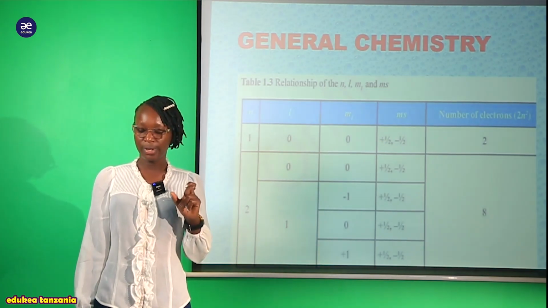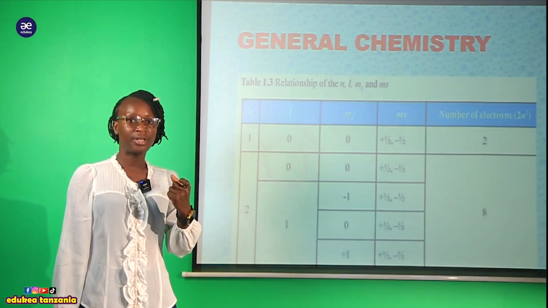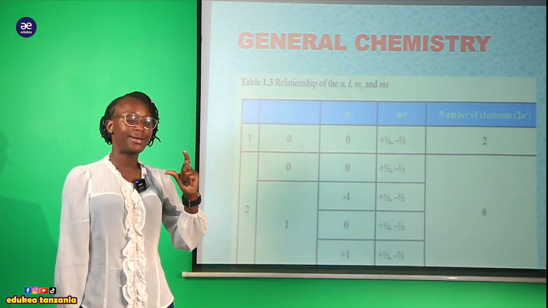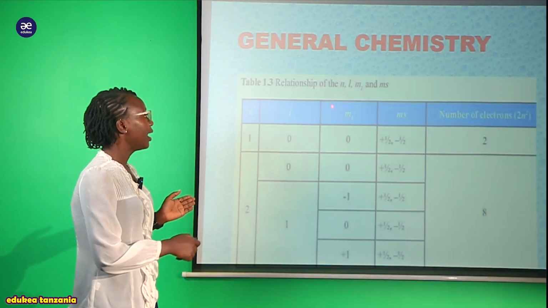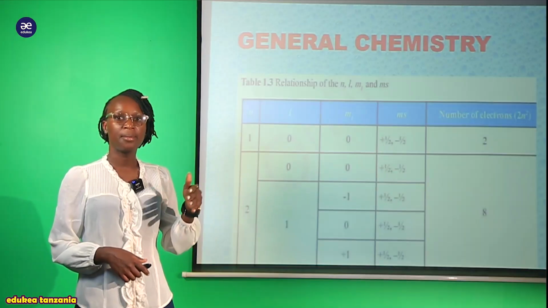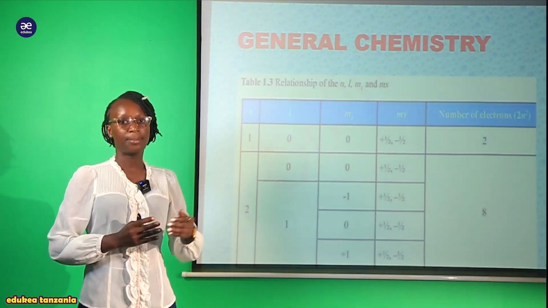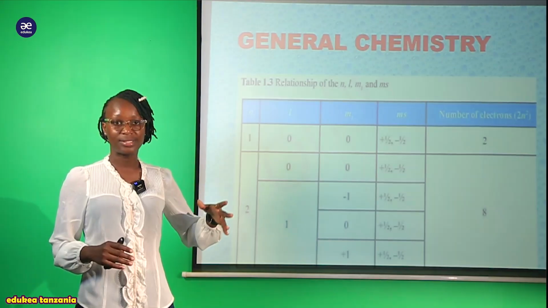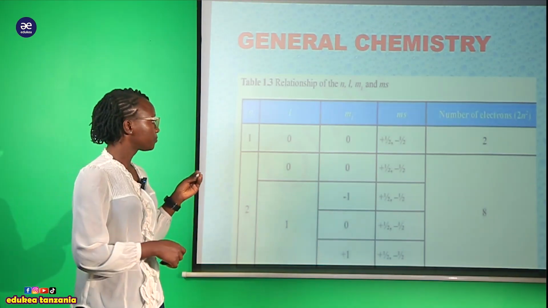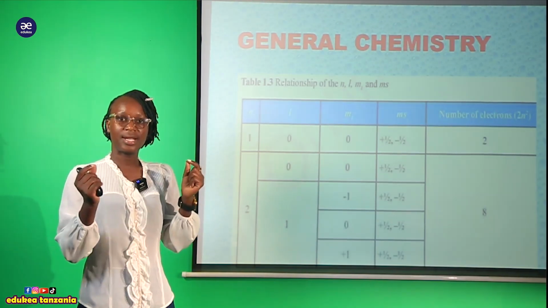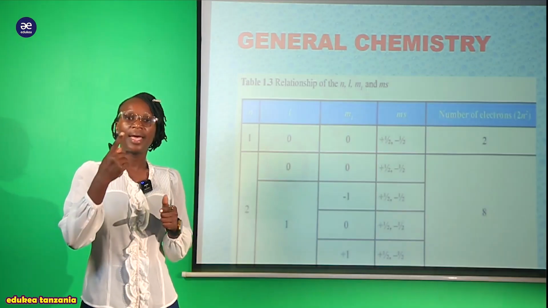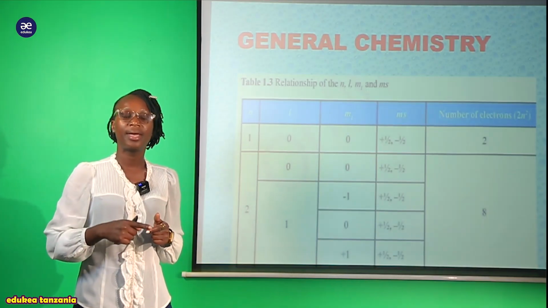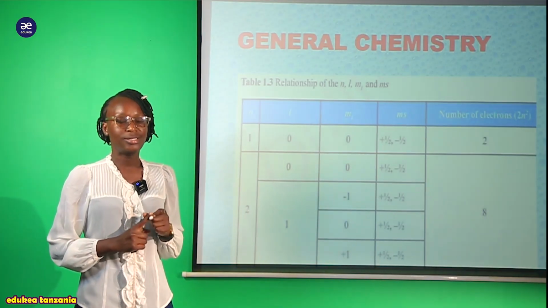Because you need to deal with the formulas which show the relationship for getting L and ML. We saw that L and ML depend on each other. To get ML you have to depend on what? On this L. Now if they depend on each other, it means that if L is 0, the same ML will be equal to 0.